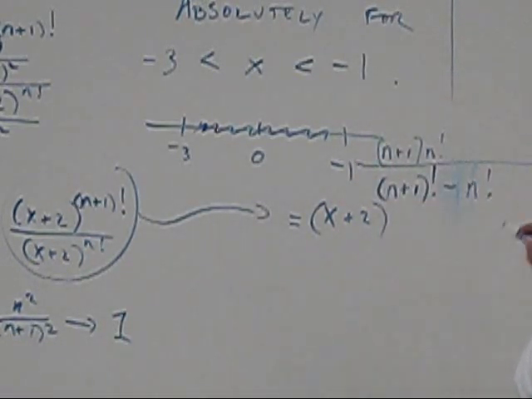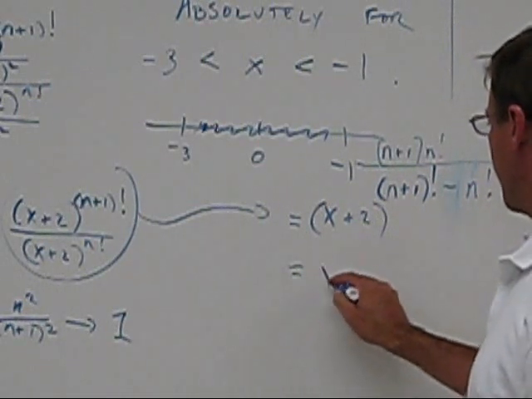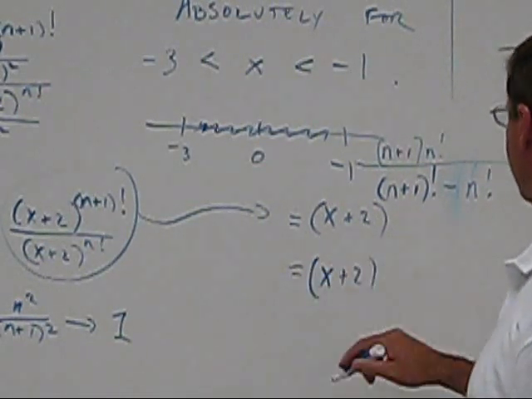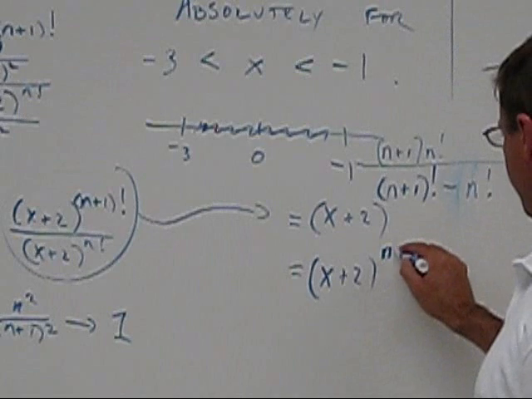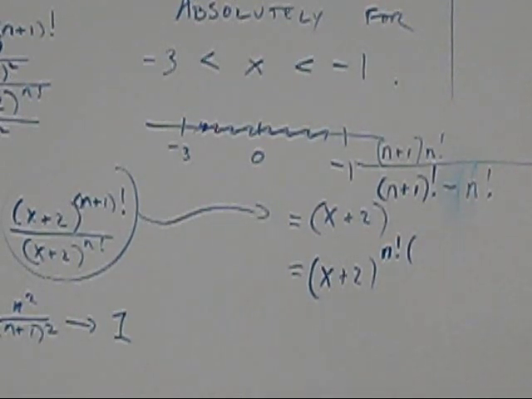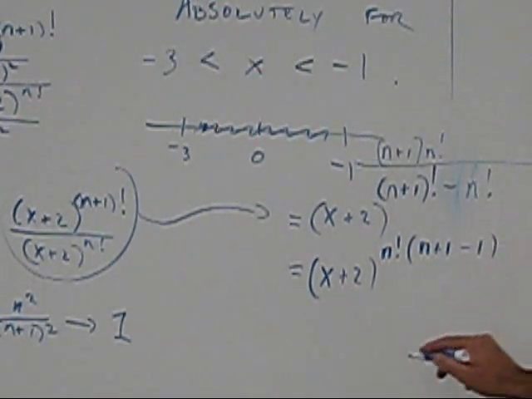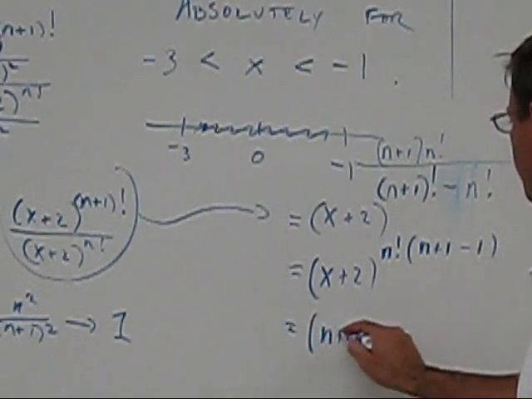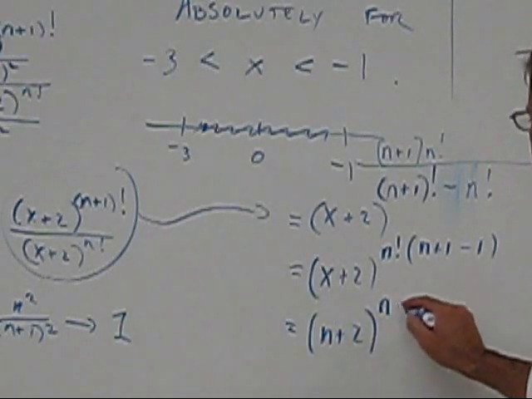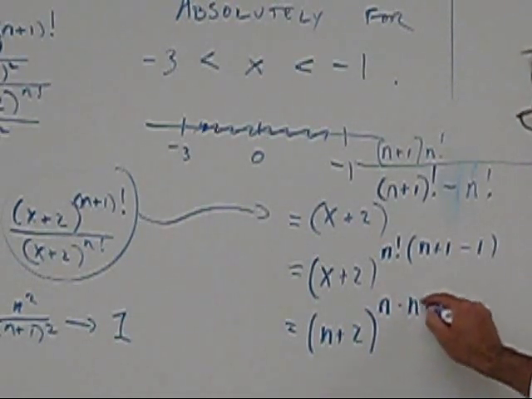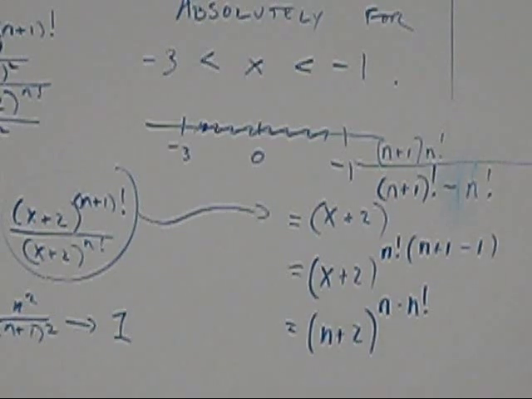Okay, so this is equal to (x+2) to the n factorial. I'll factor it out. They both have an n factorial in it. And then I get left over (n+1) minus 1, which is (x+2) to the n times n factorial.